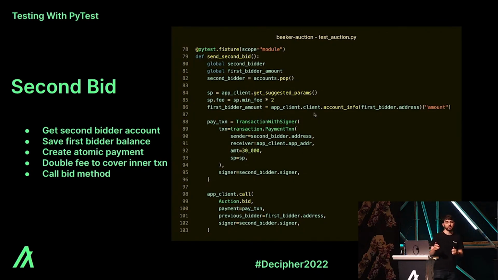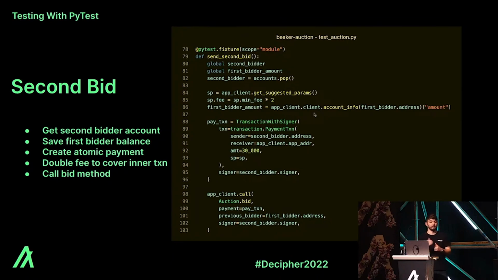And now we have our second bid, and this is very similar logic to our first bid. Really the main difference here is that when we send that second bid, we need to figure out who the first bidder was and add them to the application call so we can return their payment. So we're getting our suggested parameters, but we're doubling our fee here.